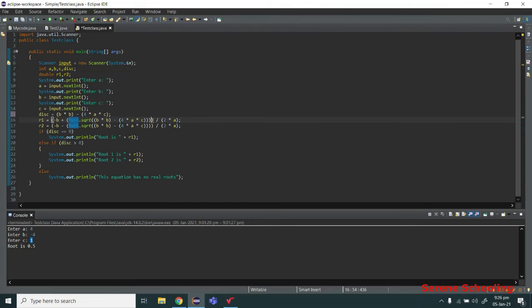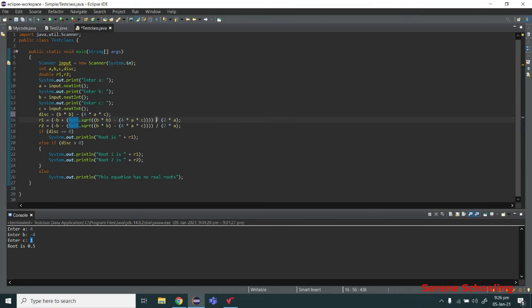So this parenthesis is connected with this one, and the last parenthesis is linked with this one. That's how these brackets are linked.